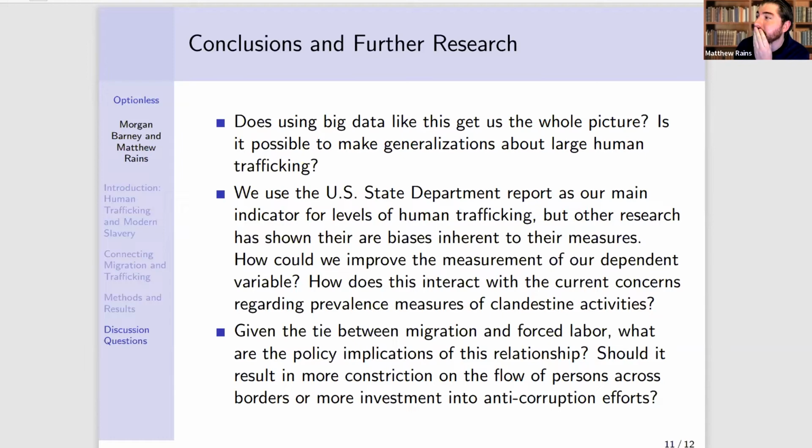Individual inference from aggregate data. I'm not really sure I'm grasping the content of your question, but I'm happy, after this presentation, if you want to, narratives can help. Yes, 100%. Part of the issue with doing something like this is that you lose out very heavily on the individual level. And part of that is by necessity, right? Because when we're talking about source and destinations of human trafficking, we are necessarily talking about the aggregate, right?